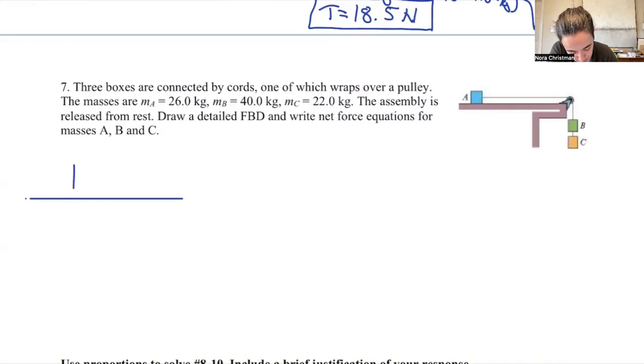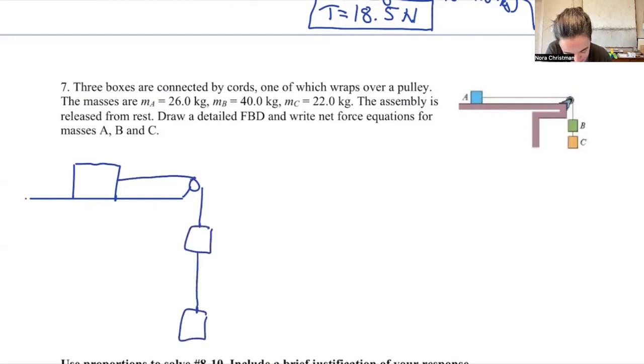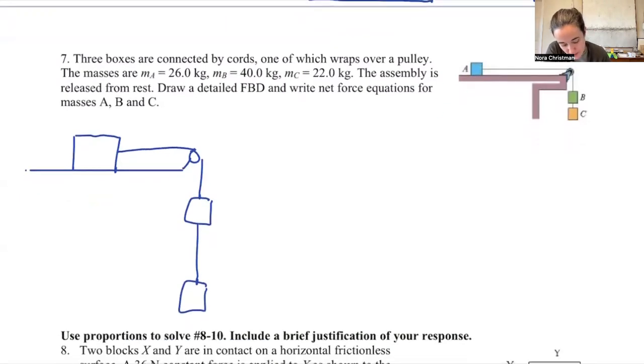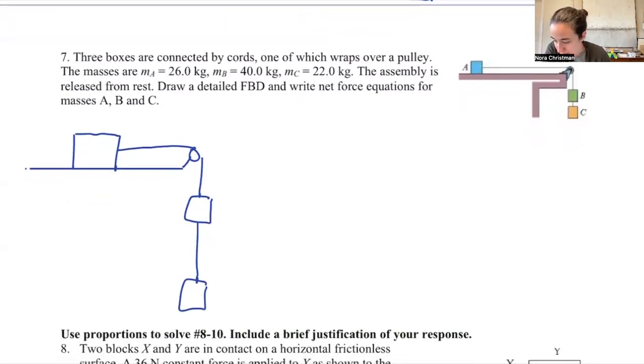Over here, with some more space between them. Okay, so we have a gravitational force on each of them. We have a normal force on this guy. And since we have two strings, we have two tensions.